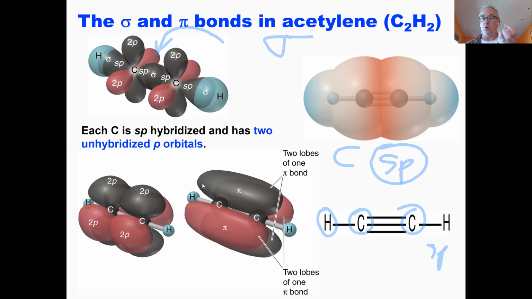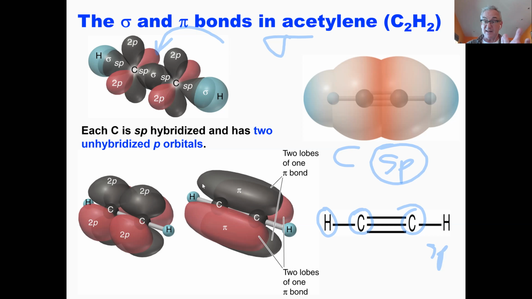Always, always, always, the sigma bond is made with hybridized electrons. That's really important to remember. And the reason for that is that's how you get direct overlap. That's the whole point of making hybridized orbitals in the first place, so you can get good overlap and strong bonds directly in between the two atoms. And that's what you get, a strong overlap of the two sp.